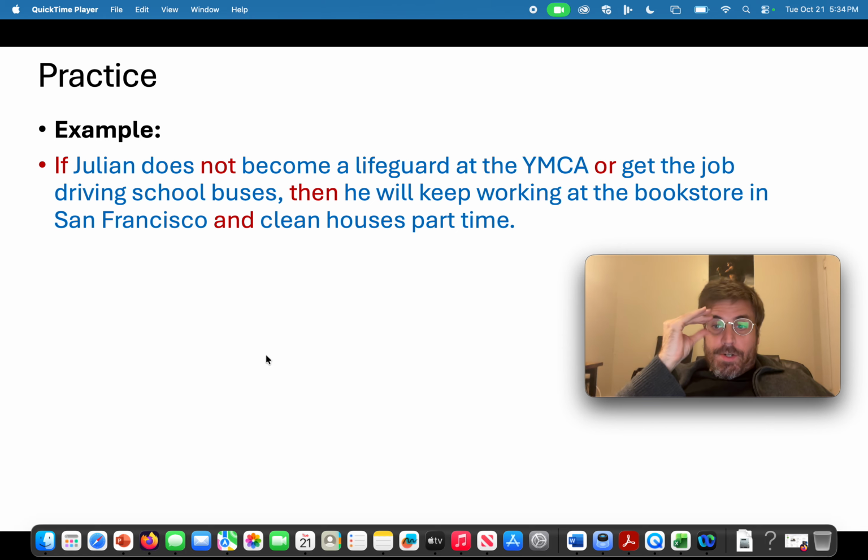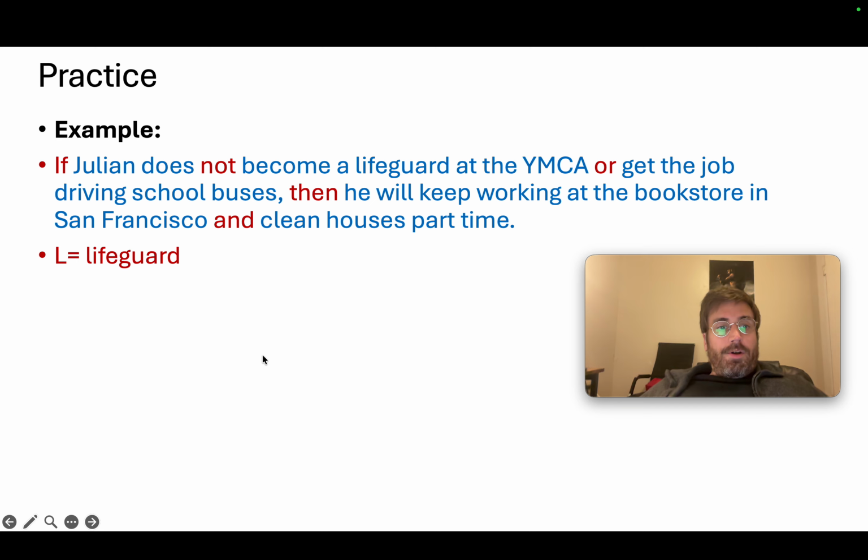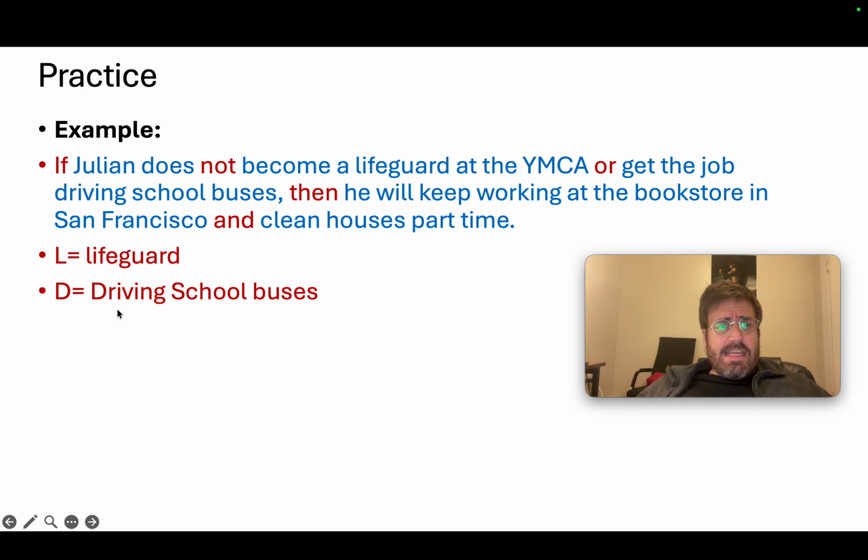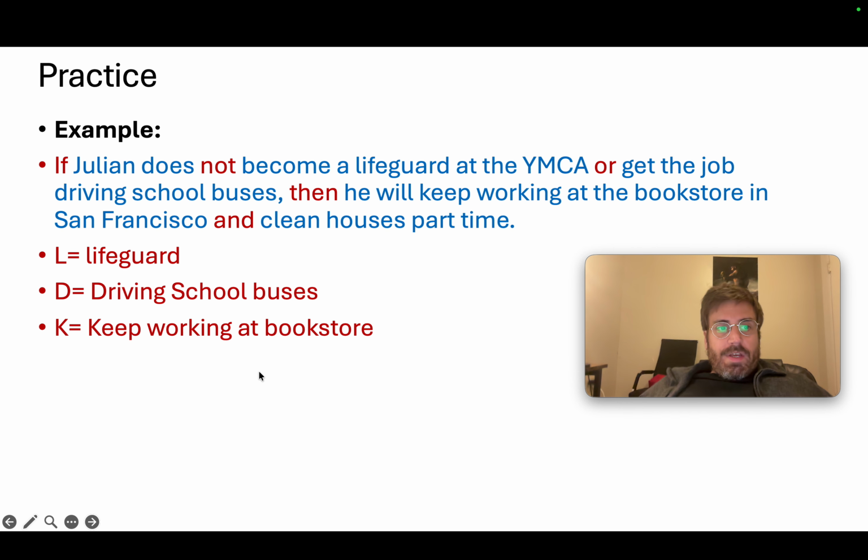And then if we are to translate the clauses into variables so that we can write out the proposition, let's use L to stand in for becoming a lifeguard, and D will stand in for driving school buses, as it's this clause. And then let's use the letter K as the variable to stand in for keep working at the bookstore, and C to stand in for clean houses part-time.